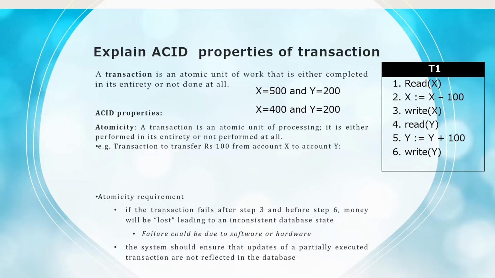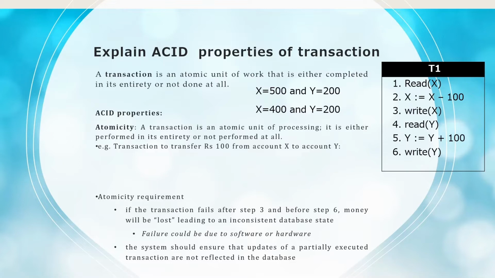So finally we'll have an inconsistent state, because the sum of X plus Y before the transaction must be the same after completion of the transaction. Here the sum of X plus Y is 700 before the transaction, and after the transaction X plus Y is going to be 600. So that is not consistent. That is the property of atomicity.